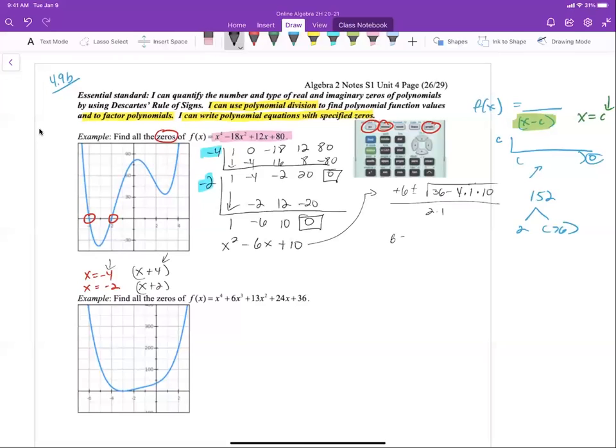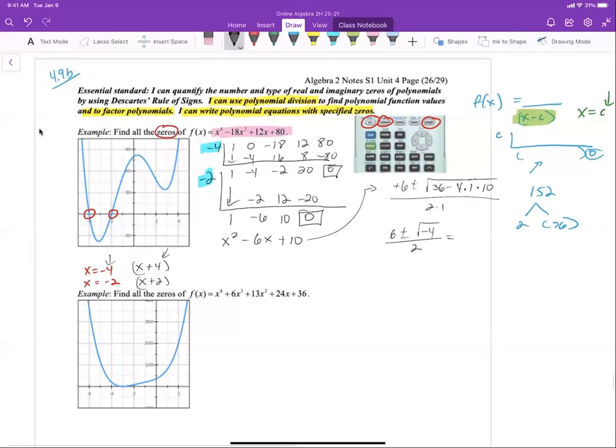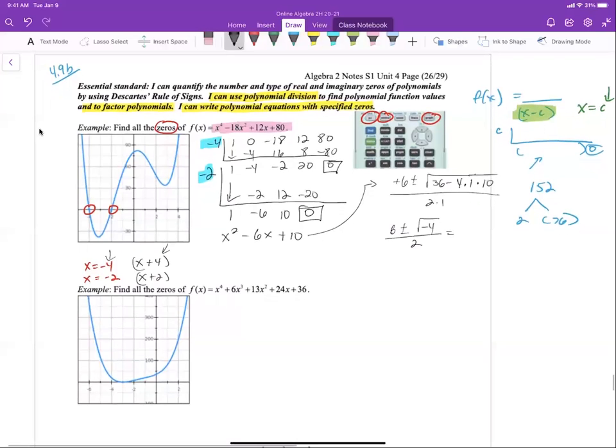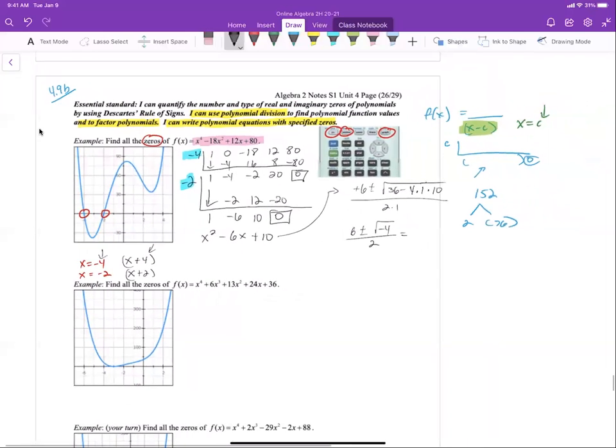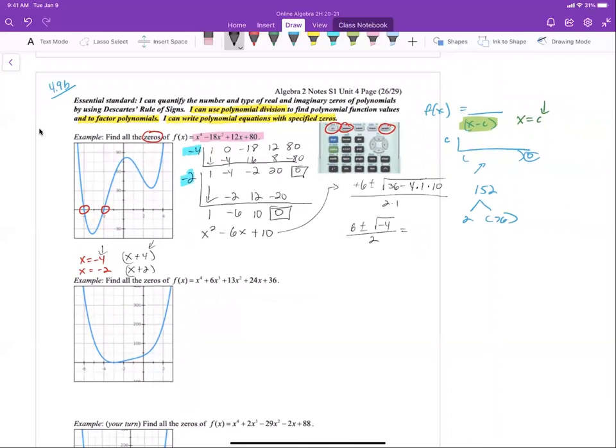All right, so 6 plus or minus the square root of 36 minus 40 gives me the square root of -4, over 2. The square root of -4 is 2i. So let's do it in 2 steps. Plus or minus 2i divided by 2.